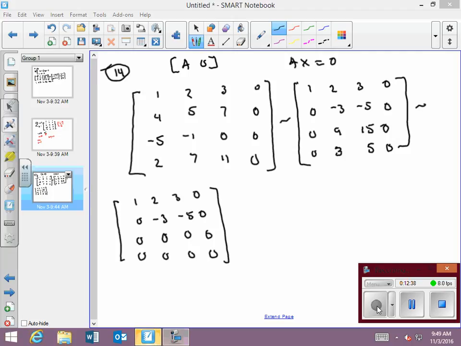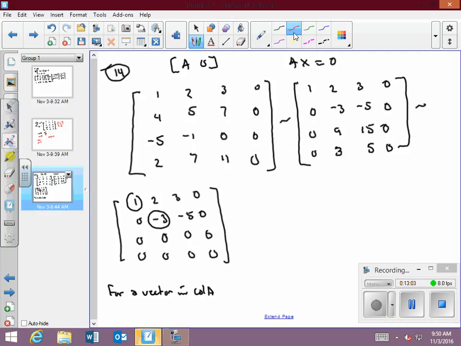All right, now we can see that this is a pivot column and this is a pivot column. So for my column A vector, a vector in column A, it's going to be either one of these two.